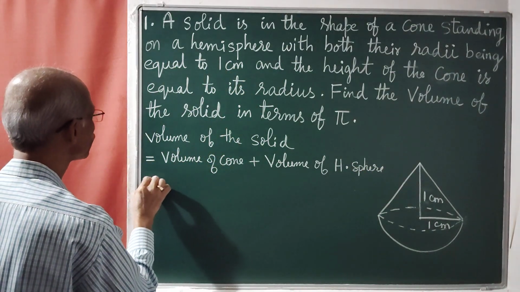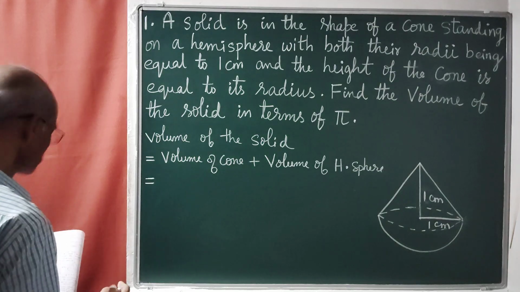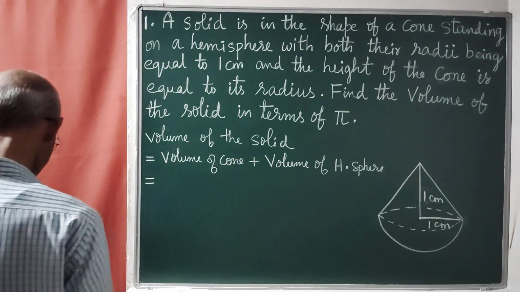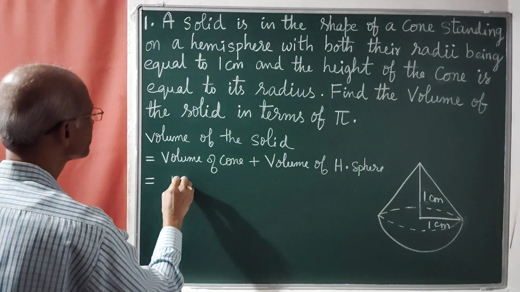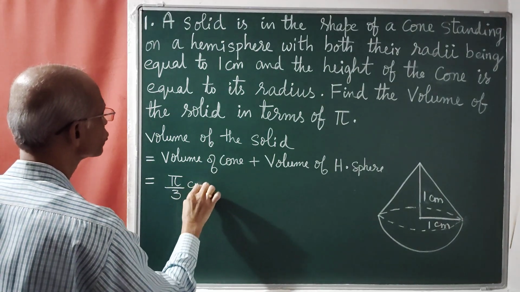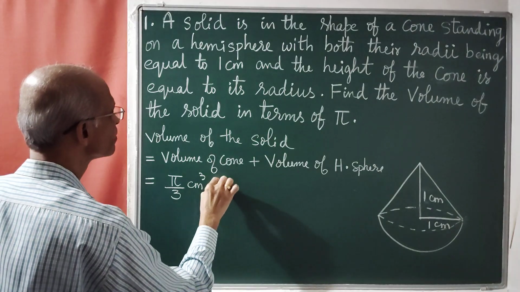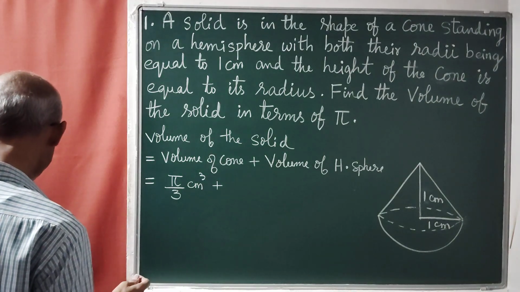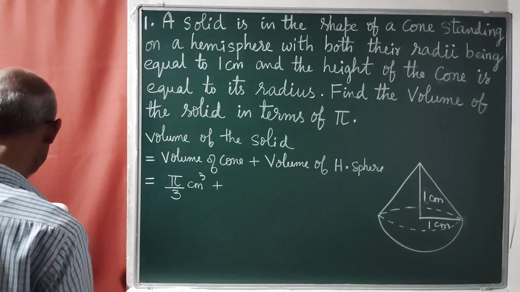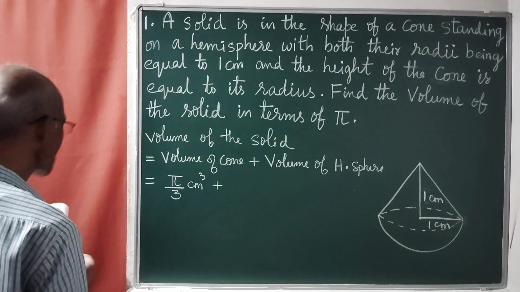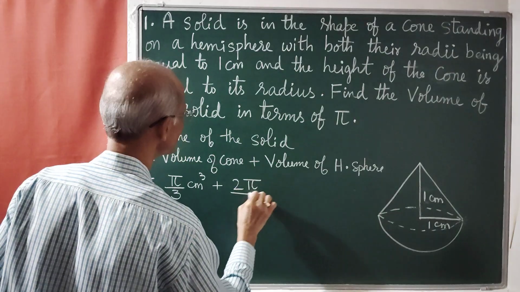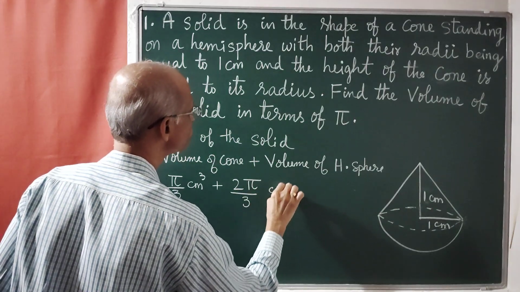So volume of cone was pi by 3 centimeter cube plus volume of hemisphere, 2 pi by 3 centimeter cube.